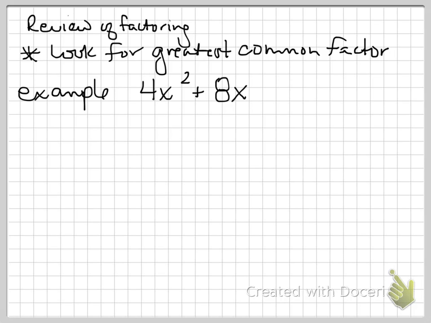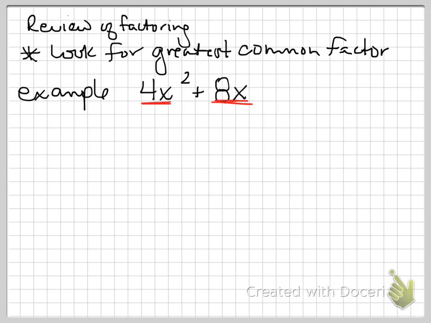Okay, so if we look at this, we're going to have two terms, and we look to see if we have a greatest common factor. Greatest common factor is a number or a variable that is in each term. So it has to be in this term and also in this one.